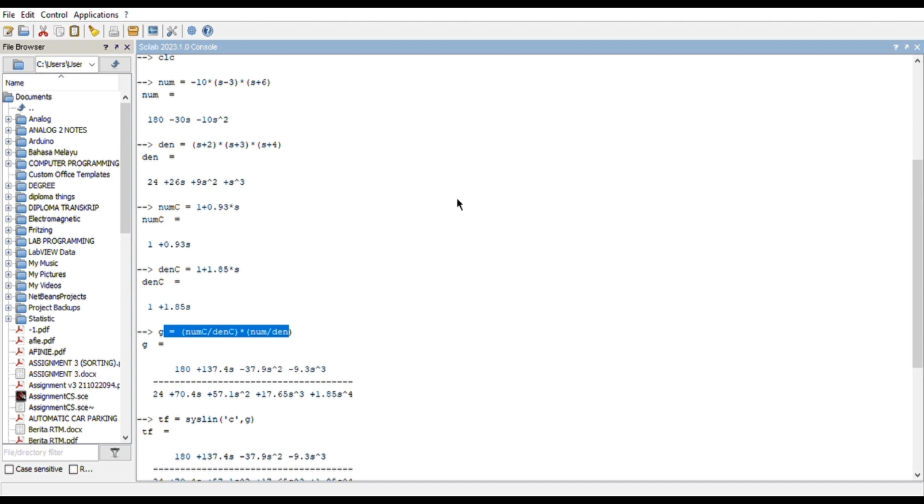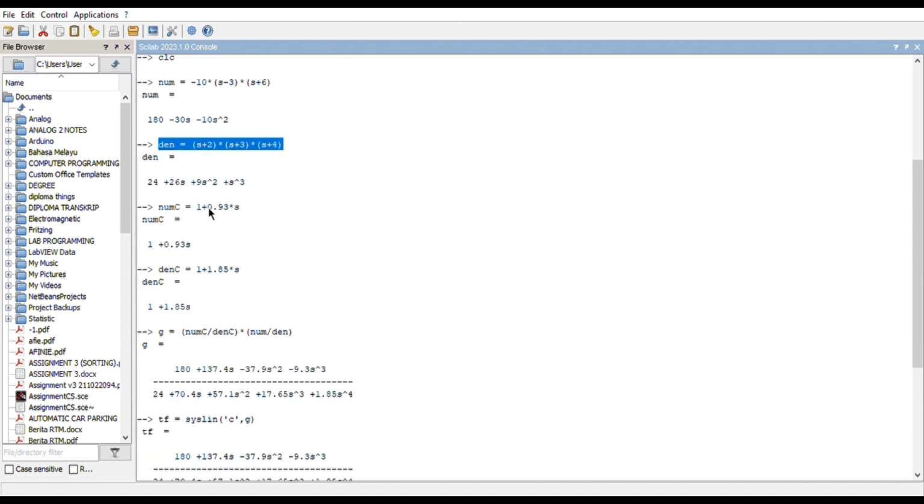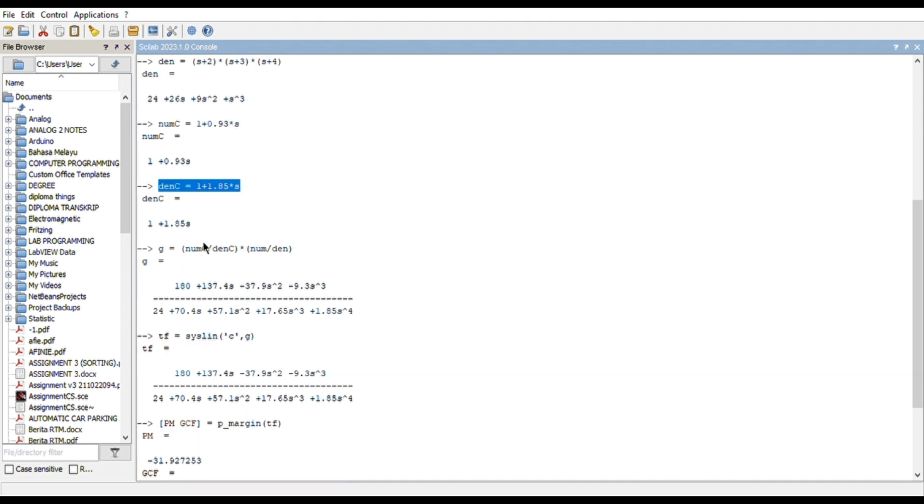After we calculate, we can make a new Bode plot. For the numerator, we use the old one, and for the denominator we also use the old. For the new transfer function, we declare num_c for the numerator, and this is the new transfer function we use. G is equal to numerator new over denominator new multiplied by numerator old divided by denominator old.